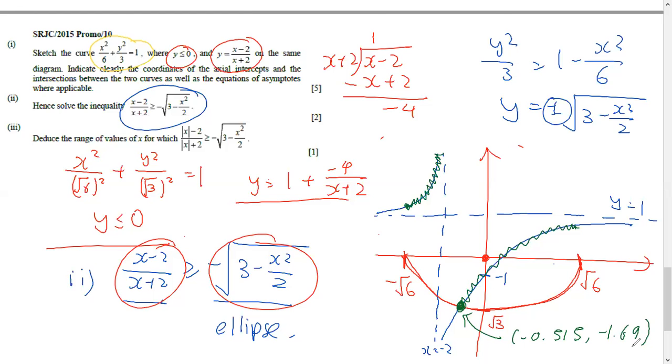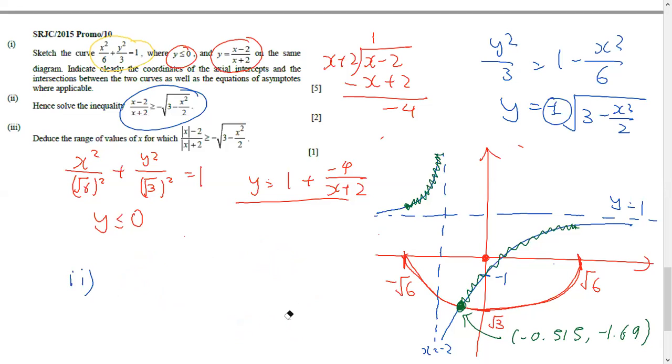All right, so what's the answer? For this first region, x must be between minus root 6 and minus 2. Or the second region, x must be between negative 0.515 and root 6.